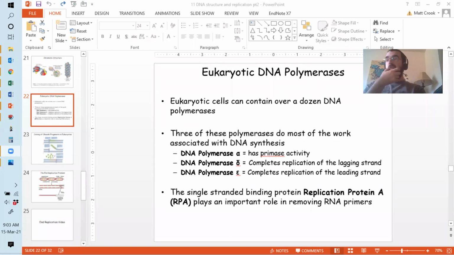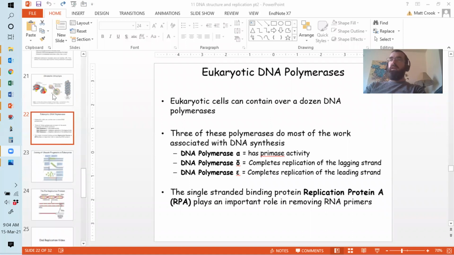So we should be able to get through all of that today without too much trouble. And then if we have time at the end, we will talk about, to get started on, homologous recombination, which is kind of a neat process, actually, in a lot of different ways.